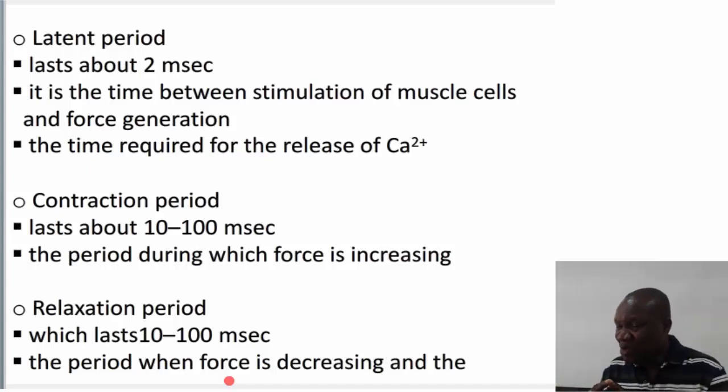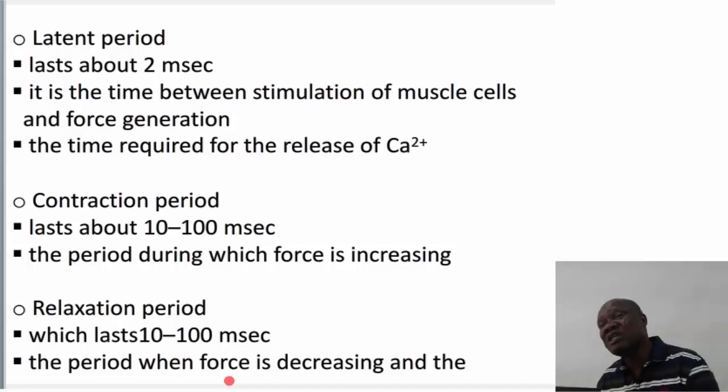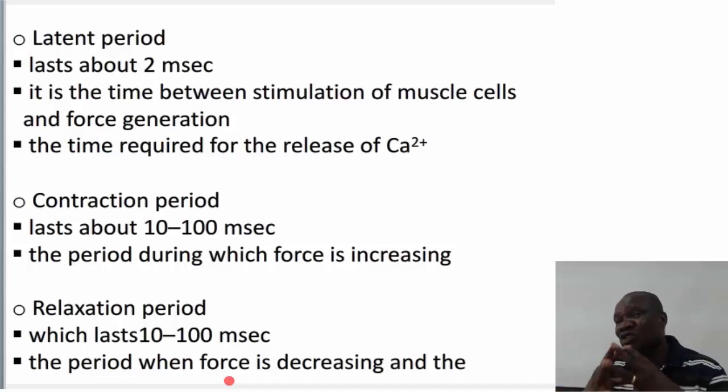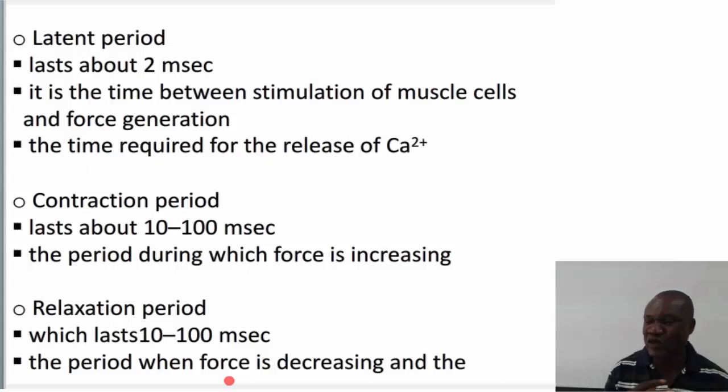Is this clear? A single action potential to a motor neuron will cause a brief contraction of the muscle. This brief contraction as a result of a single action potential to the motor neuron is called a twitch.